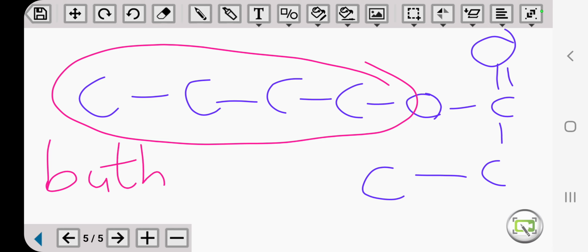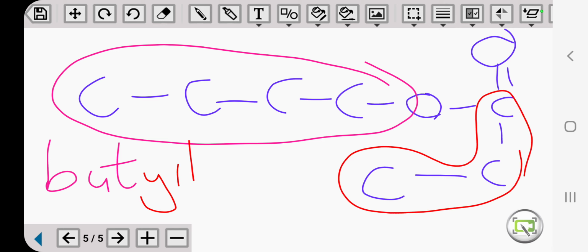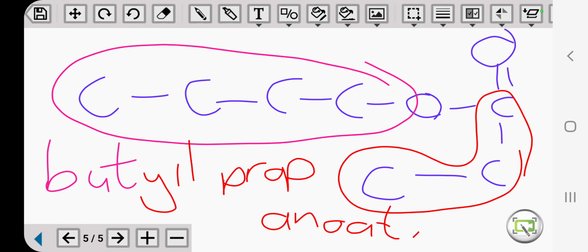So it's butyl, and the double bond O is connected to a chain of 3 carbons. Butyl propanoate.